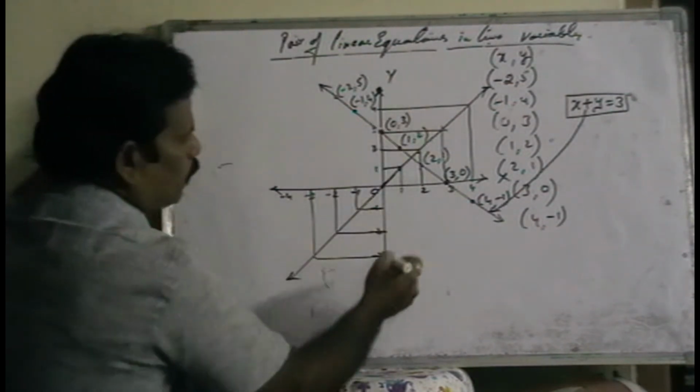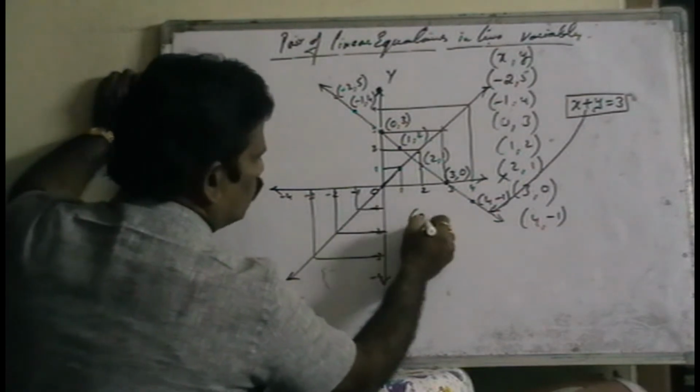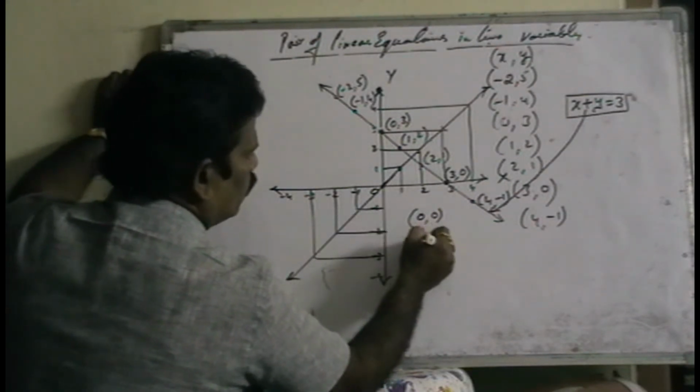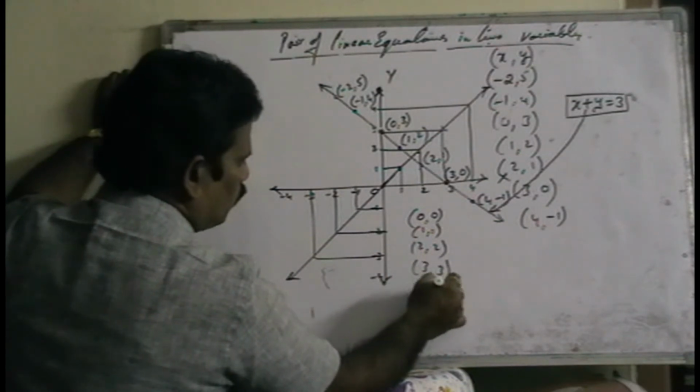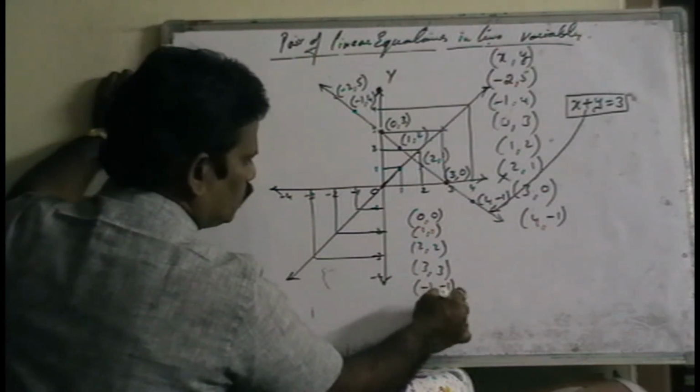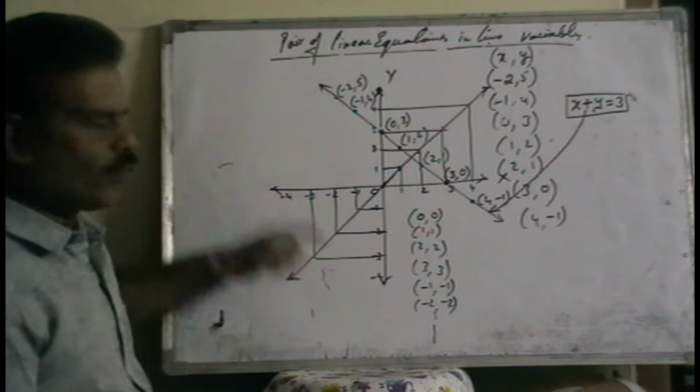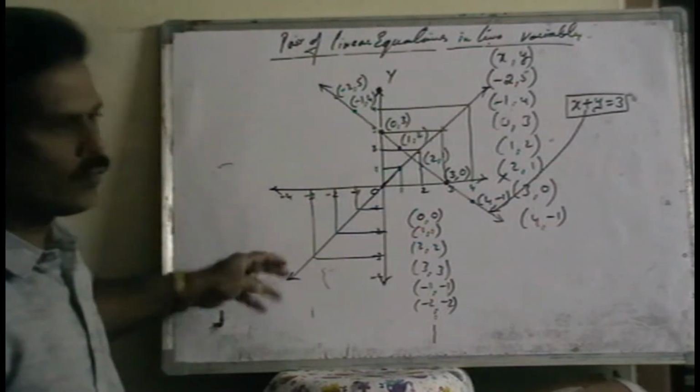So this line is passing through the points 0 comma 0 origin, 1 comma 1, 2 comma 2, 3 comma 3, or minus 1 comma minus 1, minus 2 comma minus 2, and so on. Now what is the equation of this line?